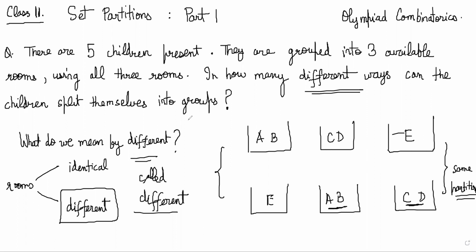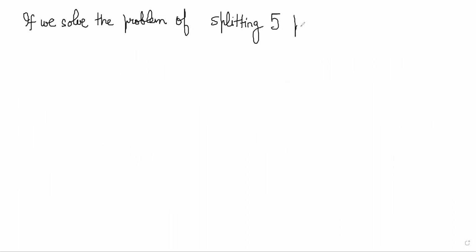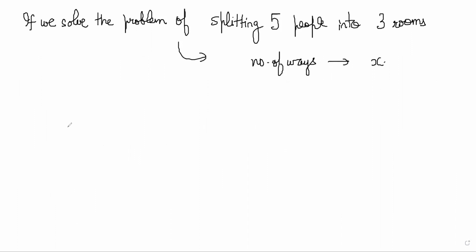Now we can connect those two problems in a simple way. You can say that if we solve the problem of splitting 5 people into 3 identical rooms, and we say that the number of ways here is x, right?